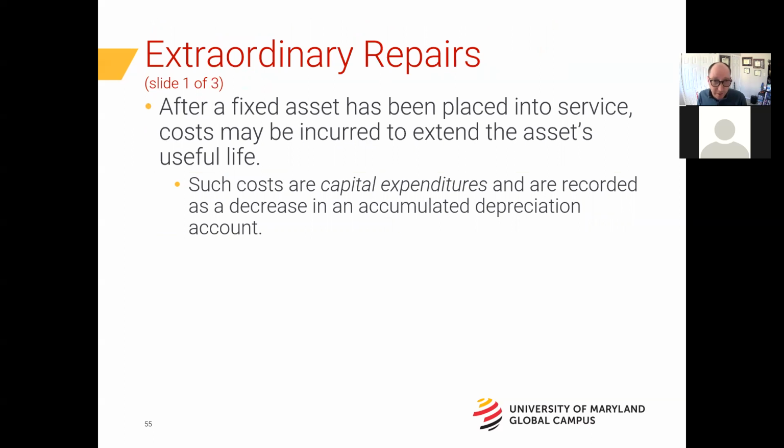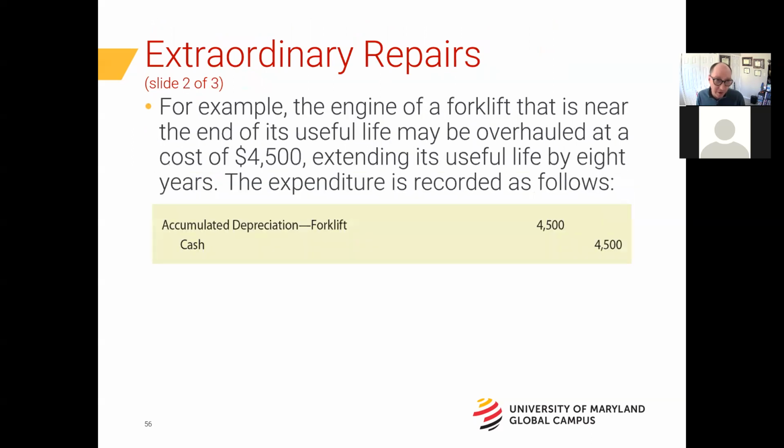But there are some expenses that will affect your depreciation. For example, my forklift engine overhaul, $4,500, but it'll extend its useful life by 8 years. You better believe I'm going to do that, right? So debit accumulated depreciation. Well, now you're like, debit? Okay, I hear you.